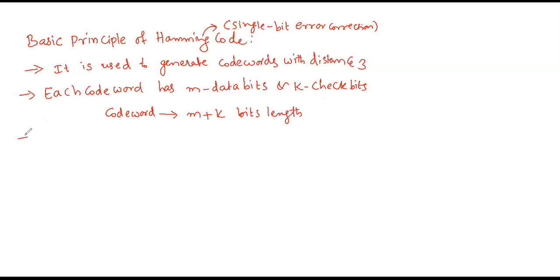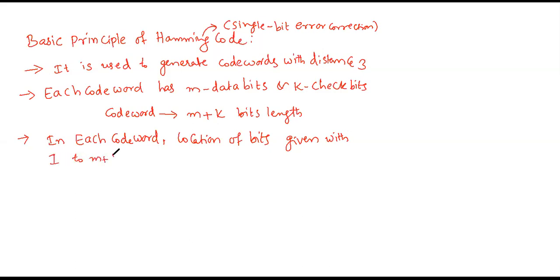Third point. And in each code word, the location of bits is given with 1 to m plus k, starting from the MSB. So these are the m plus k bits.